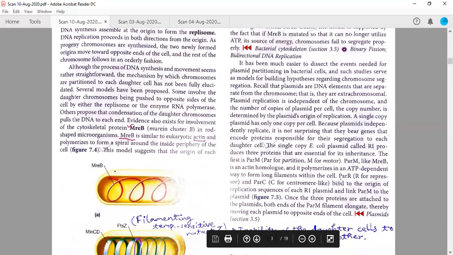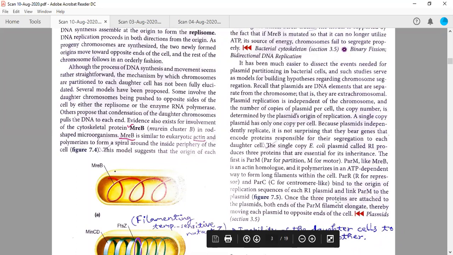The polymerization is required so that it elongates and pushes the plasmids towards opposite poles in the same cell. So the interactions are between the proteins, and it recognizes the origin of replication sequence of each R1 plasmid and links the motor or partition protein to the plasmid.